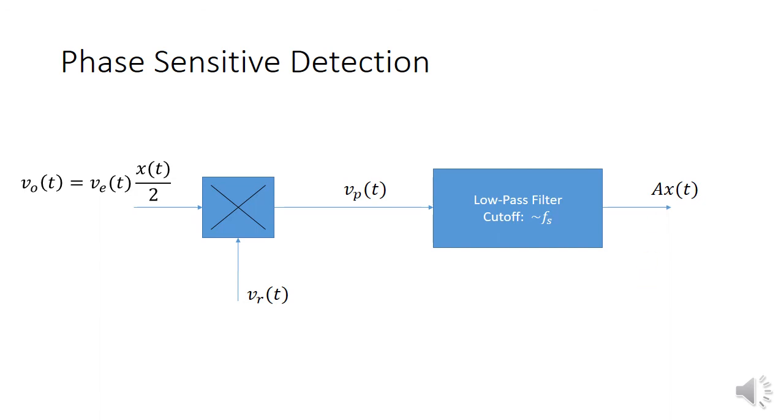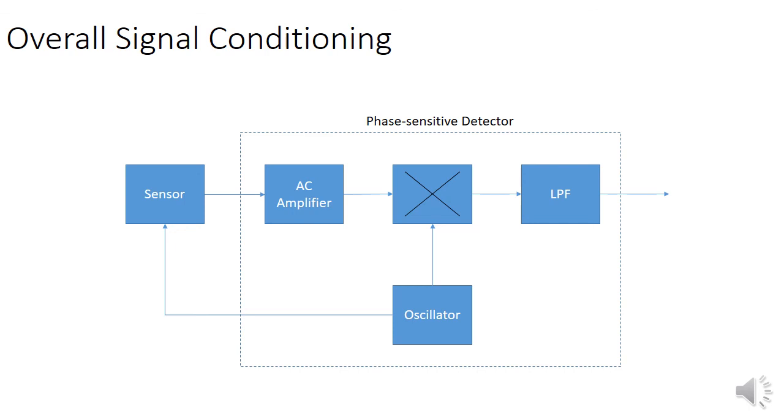So let's look at the overall signal conditioning of this circuit. You have a sensor and a signal conditioning circuit associated with the sensor, and one of the inputs to this is going to be a sine wave of a much higher frequency than the physical quantity that we're measuring.